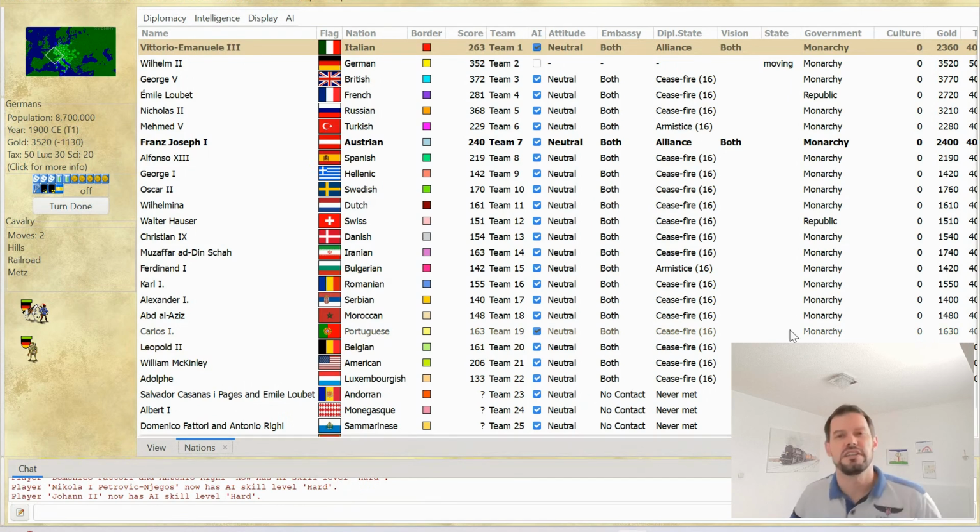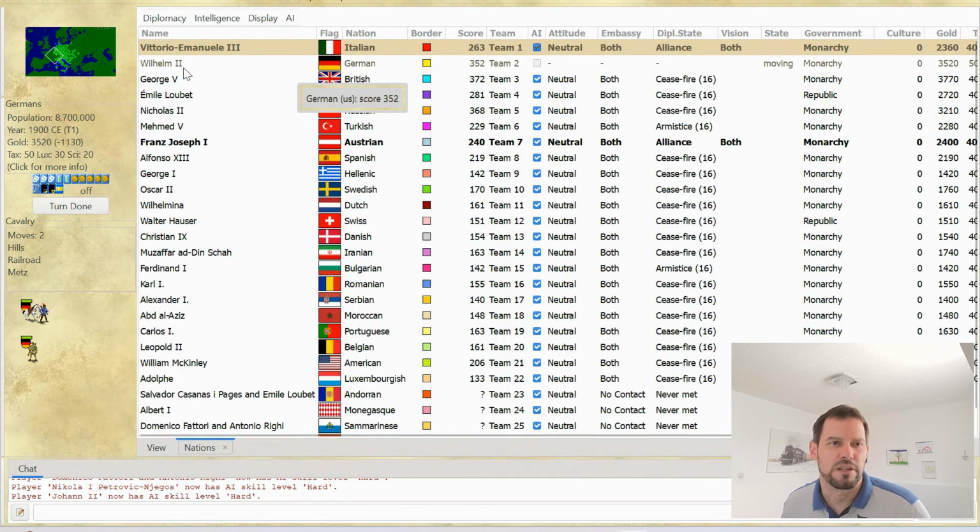So with a monarchy, you are better set up to do a war. With a republic or democracy in Freeciv, you make more money in peace times. That means you get more gold coins and also more light bulbs. Light bulbs help you advance your research. We should soon switch to republic because then we will make more money.